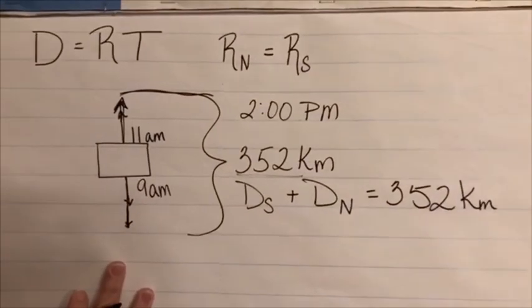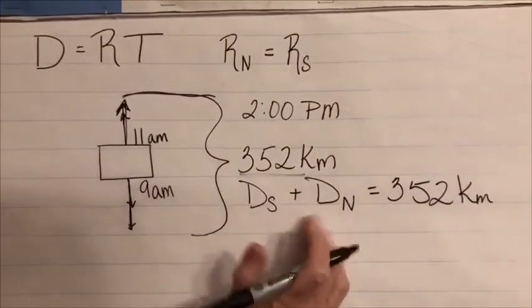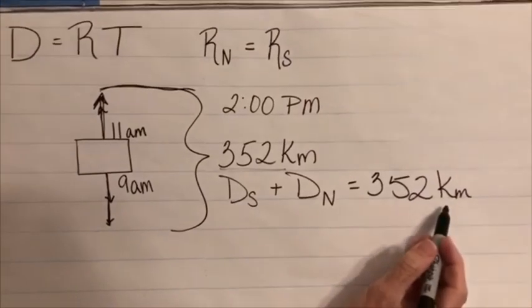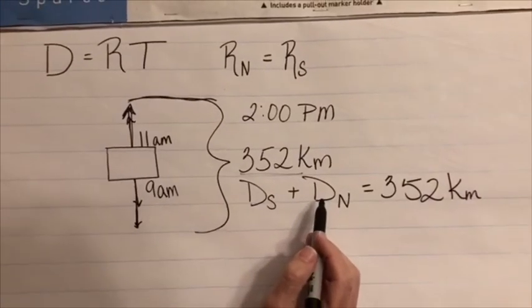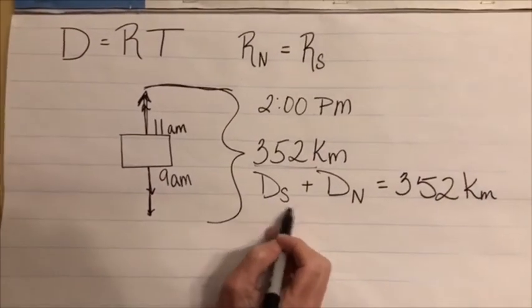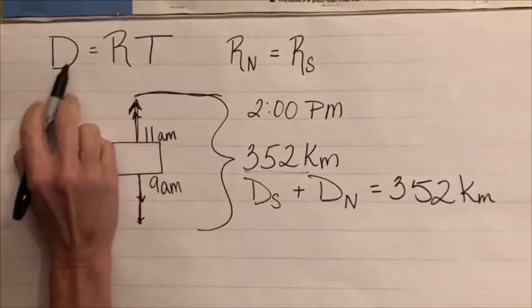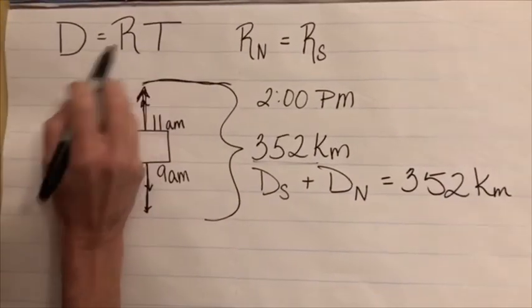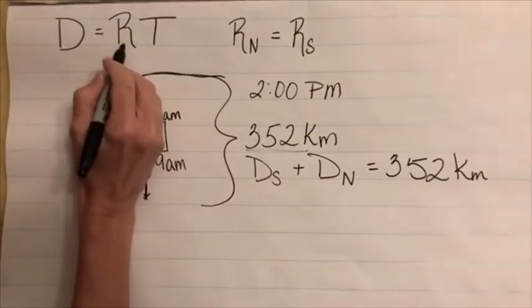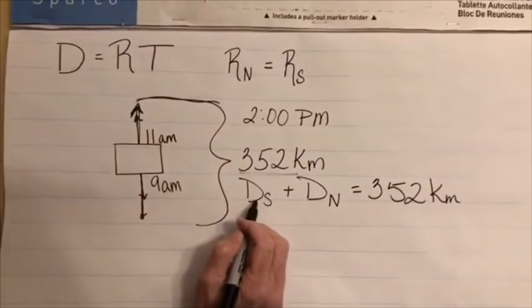So now at this point, now that we have this equation, we can substitute. And so we know that distance equals rate times time. So we can just substitute rate times time for each of these distances.